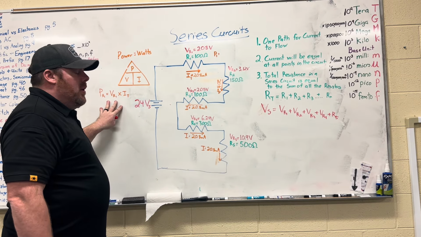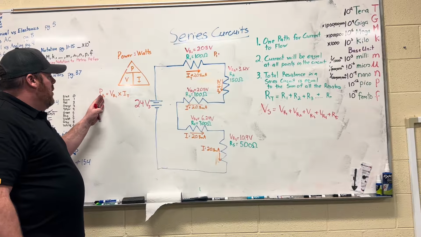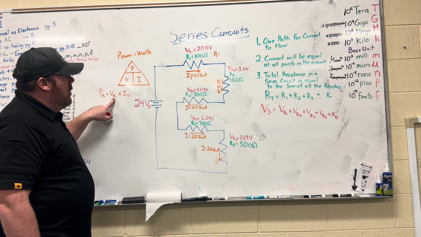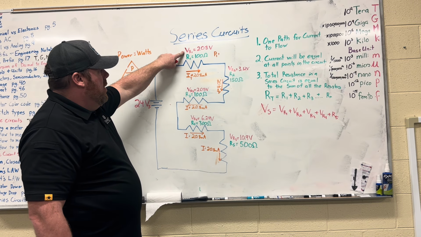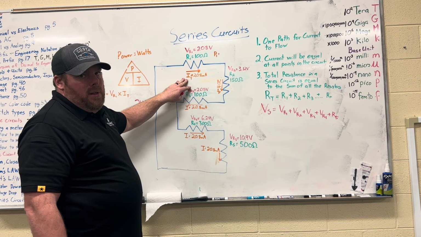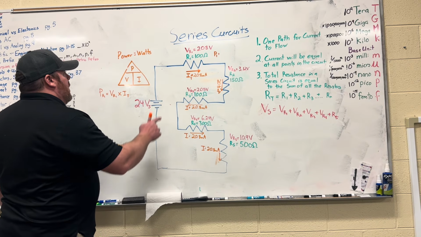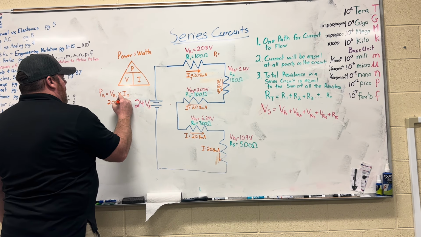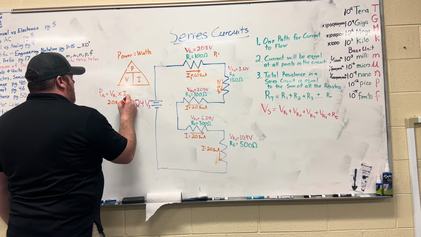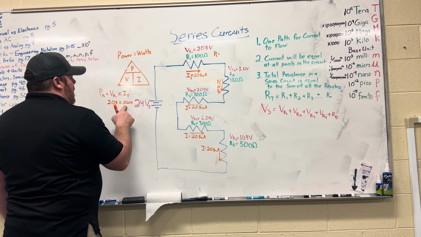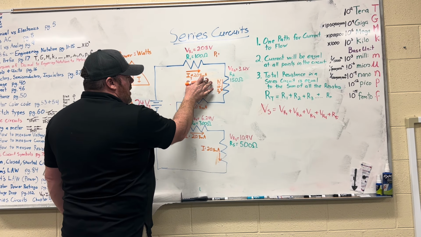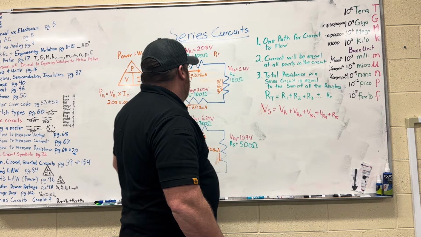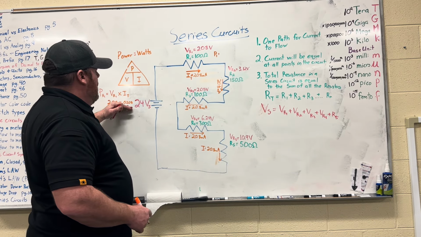So the power consumed by resistor 1 is going to be equal to the voltage drop at R1 times the total current in the circuit. If we plug in the numbers, the original voltage drop was 2.08, and the total current is 0.0208. This is the decimal form, and this is the metric prefix, milli, meaning 10 to the negative 3. Remember, always use the base units.